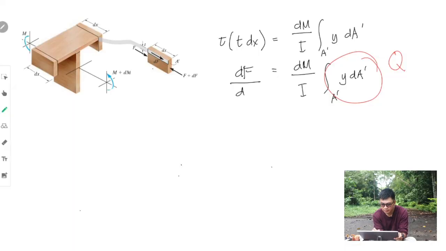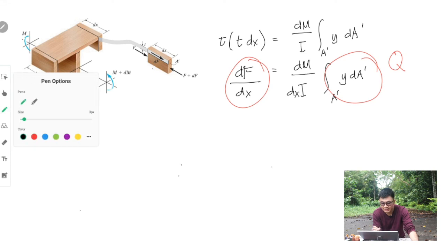So basically, all we have to do is divide both sides by dx. This one right here is your shear flow, force over unit of length, and that is denoted as q.